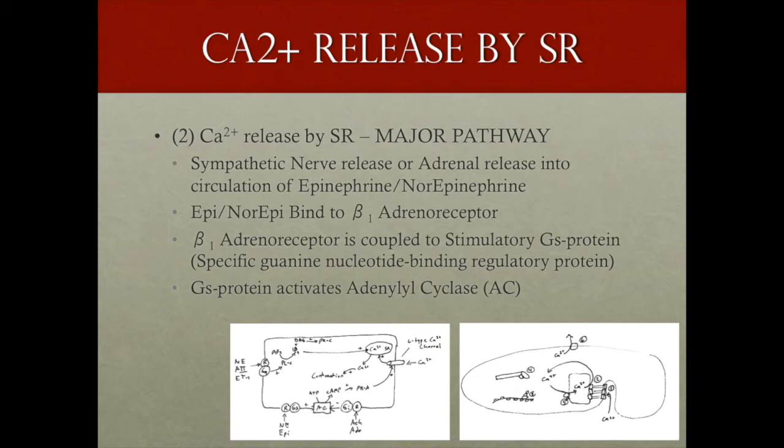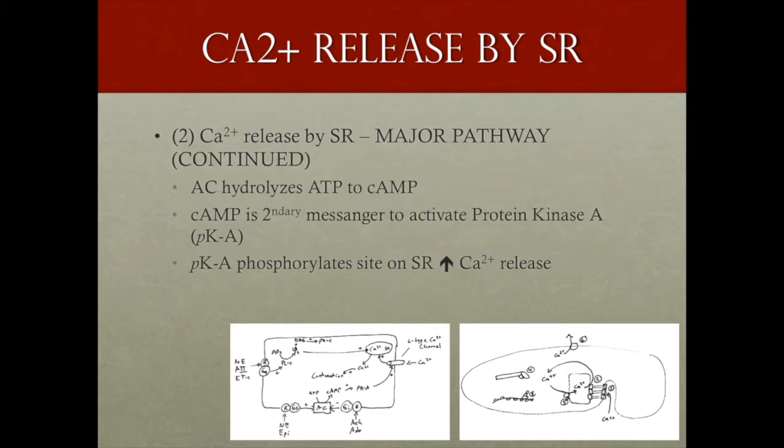Beta-1 adrenoreceptors are coupled to, again, stimulatory Gs proteins, specific guanine nucleotide binding regulatory proteins, and these Gs proteins activate adenyl cyclase. Adenyl cyclase hydrolyzes ATP to cyclic AMP, and cyclic adenosine monophosphate is a secondary messenger to activate protein kinase A. Protein kinase A phosphorylates a site on the sarcoplasmic reticulum, which increases calcium release.